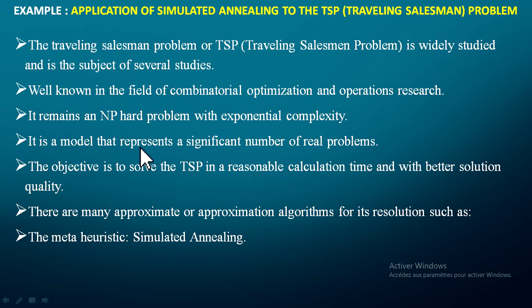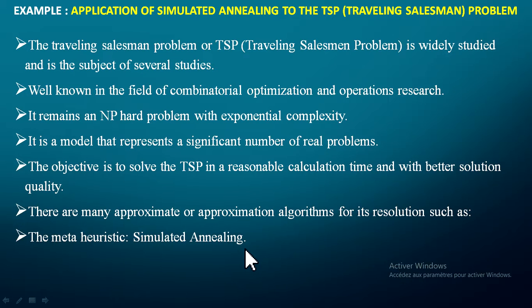It is a model that represents a significant number of real problems. The objective is to solve the TSP in a reasonable calculation time and with better solution quality. There are many approximation algorithms for the resolution, such as the metaheuristic simulated annealing method.